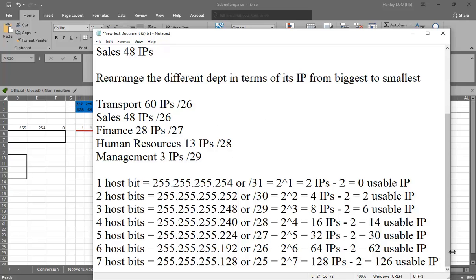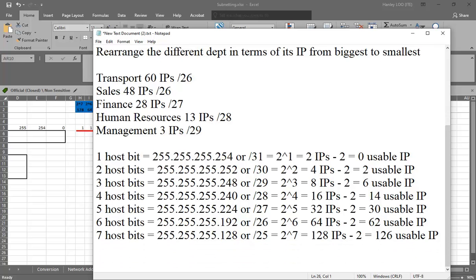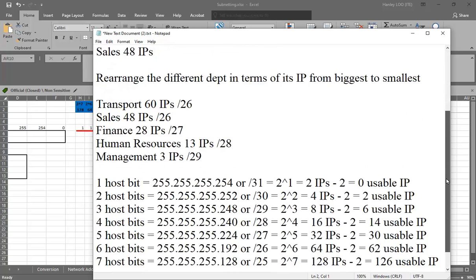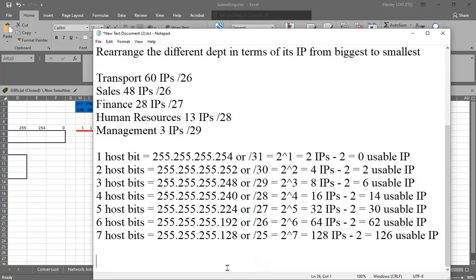So basically, we know that we need to start off with the first address, network address 10.16.32.0, which is the first address for the transport group. And we know that we need to use a /26 subnet mask.